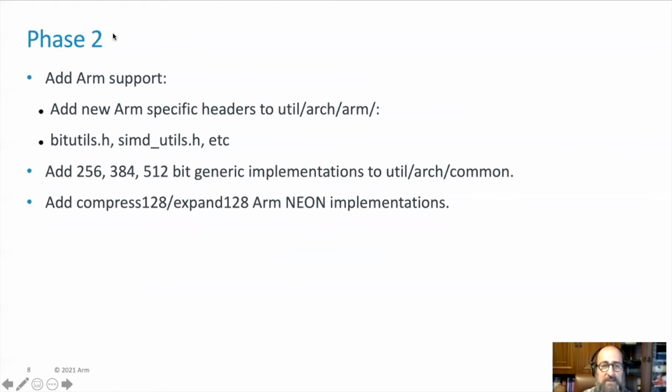Phase 2 was the actual ARM porting of the respective header files. It involved adding generic implementations for 256, 384, and 512-bit vectors, as there was usage of those in the code. In ARM's case, it would just fall back to 2, 3, or 4 128-bit vectors. We also added some extra functions to make up for missing BMI functions on ARM, namely pdep and pext.